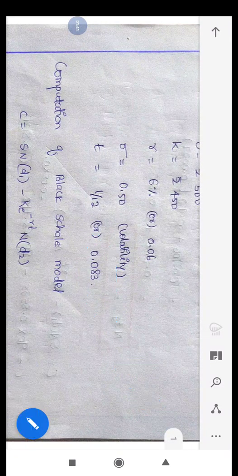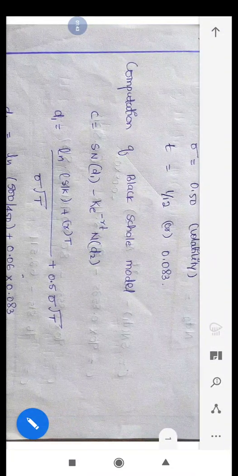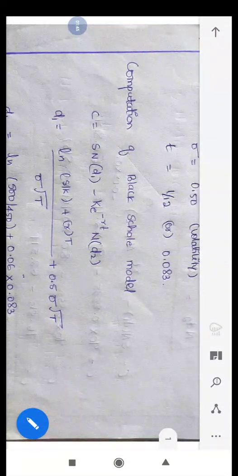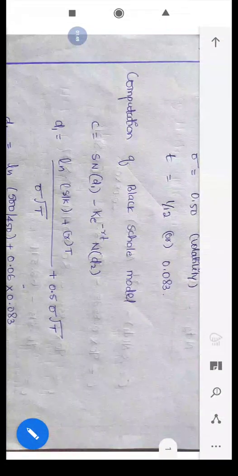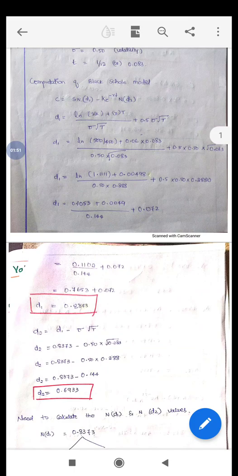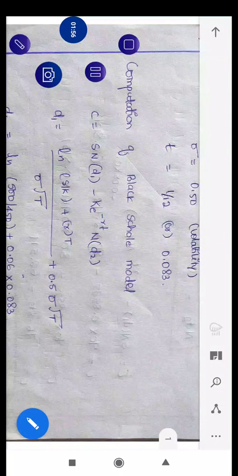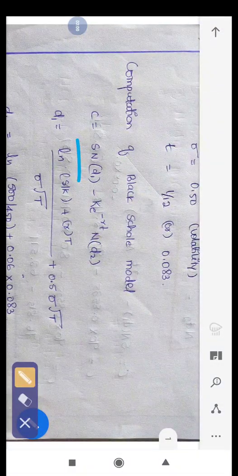Now we have to take the main formula of the Black-Scholes model, or BSM. That is C equals S into N(d1) minus K e to the power minus RT into N(d2).